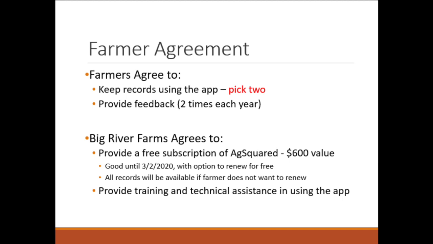And then if anyone wants to write in any other records they would like to keep on this app, granted I don't have a menu to choose from, but based on what you just did, you just worked and wrote down some record goals. If you want to check either these other boxes or write in a couple of other records you want to keep on the app, feel free to do that right now.